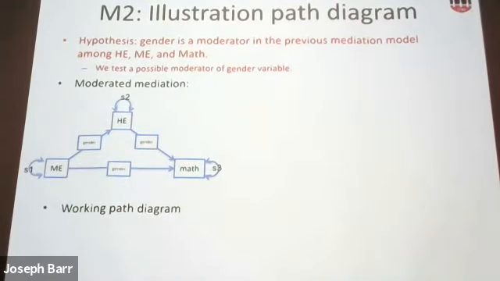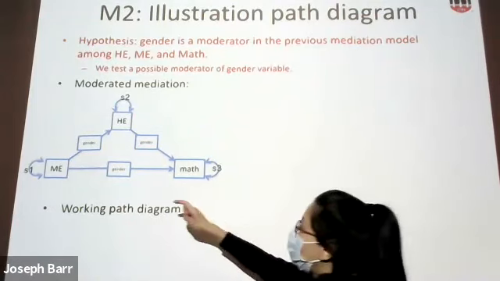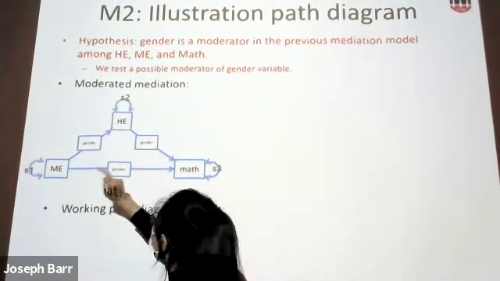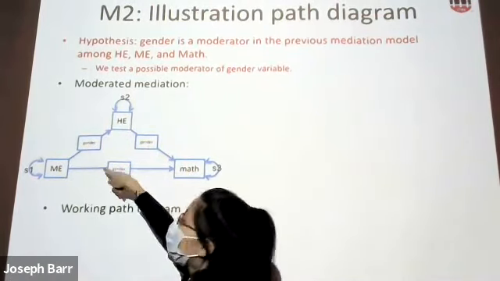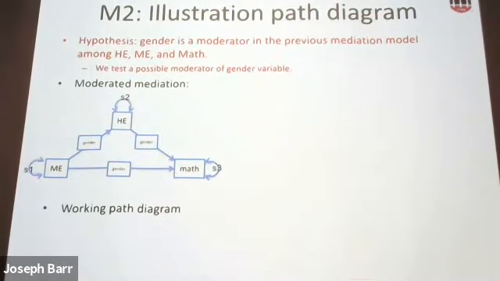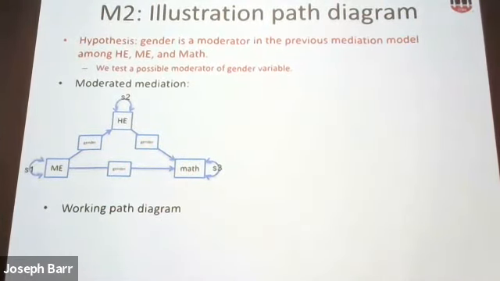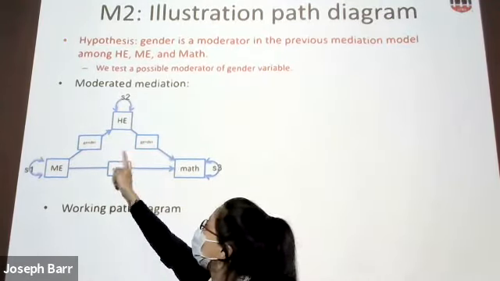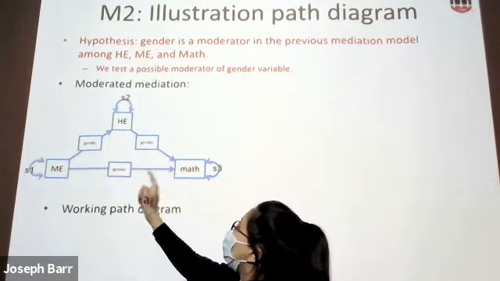Now let's look at our mediation model. Previously we have this mediation model, okay? ME, HE, math. Let's see gender. Will gender change all of these three coefficients or not? Okay. So previously we just tested this one, from ME to math, with gender.